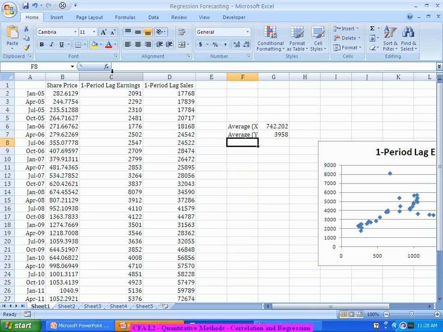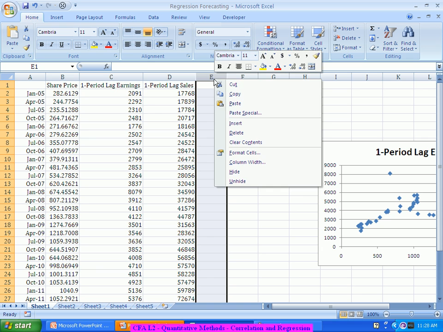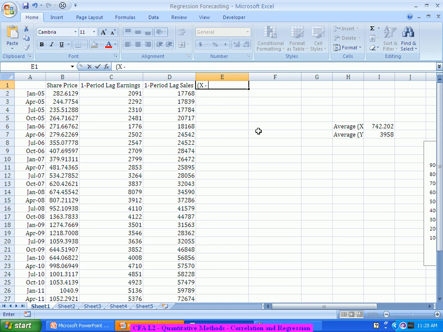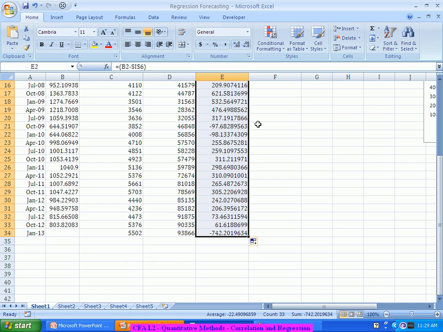Now I want to find out x minus x bar into y minus y bar divided by n minus 1. So going with it, x minus average of x, then I'm taking y minus average of y. So every element of x minus the average of x, this is what I do. I am doing it for every element of x.